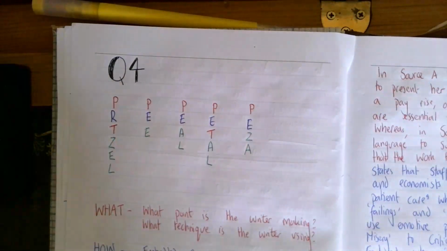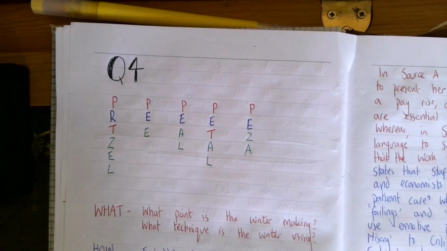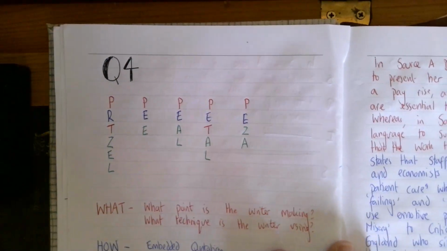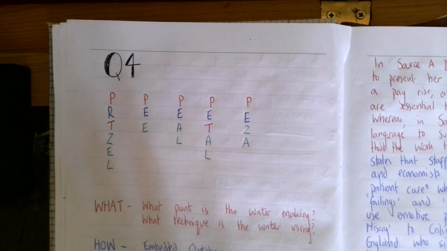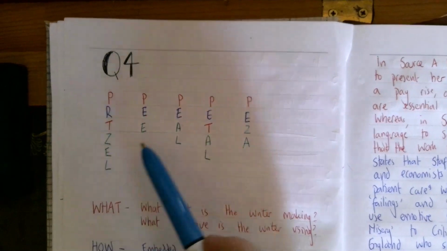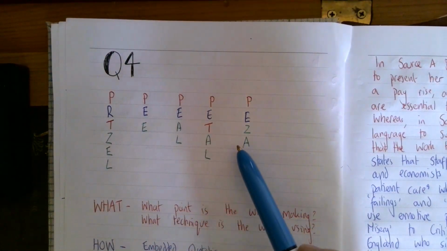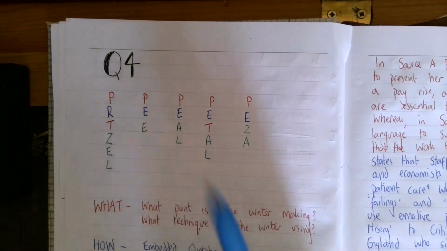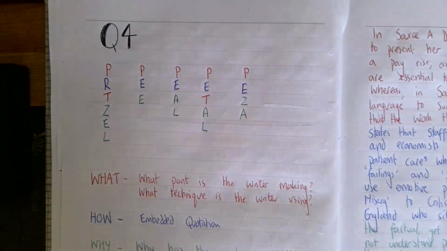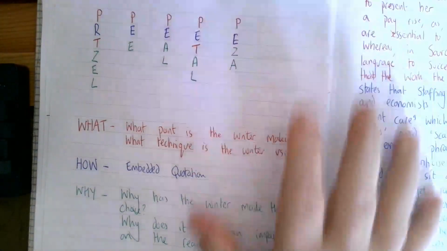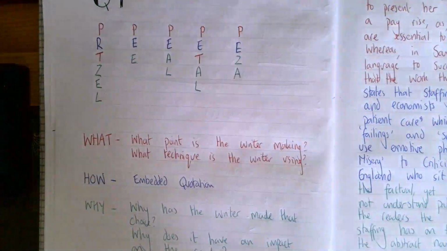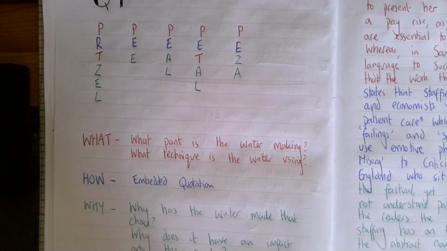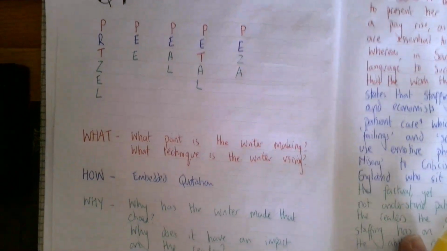Now, before we go into this, I just want to spend a couple of minutes to talk about a number of these other acronyms that I've started to see floating about in mock exams. PRETZEL, PEEL, PETAL, PIZZA, all of them are doing pretty much the same job as what, how, why, except in most of these instances, if not all of these instances, they're actually far more complicated than just making use of what, how, why.